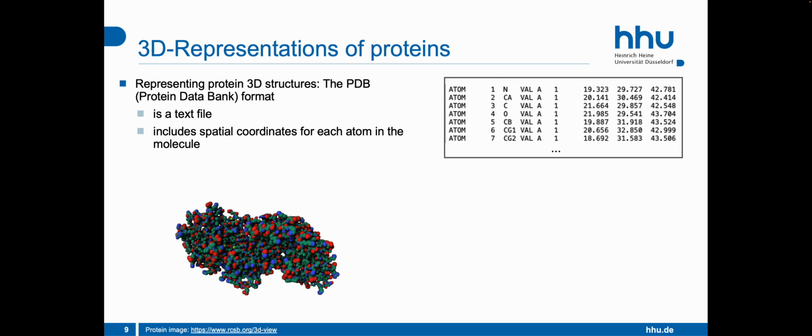So in the end, you store all the 3D coordinates of all the atoms in your protein. This is, of course, much more memory intensive, but it's also much more accurate and stores much more information than simply using the amino acid sequence of the protein. However, currently the best methods for numerically encoding information for large numbers of proteins are based on the protein's amino acid sequence. And so we will usually represent proteins using their sequence.